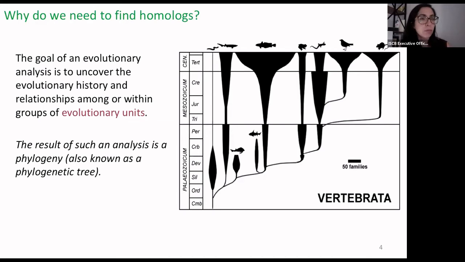And then once we finish our analysis, what we want to do is express our hypothesis in terms of a phylogeny or a phylogenetic tree. And this is the image I have on the right, our representation of what a phylogeny looks like.